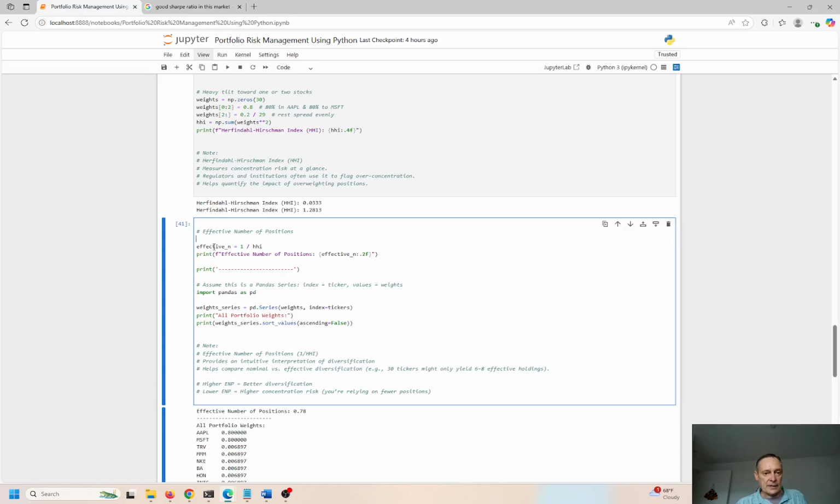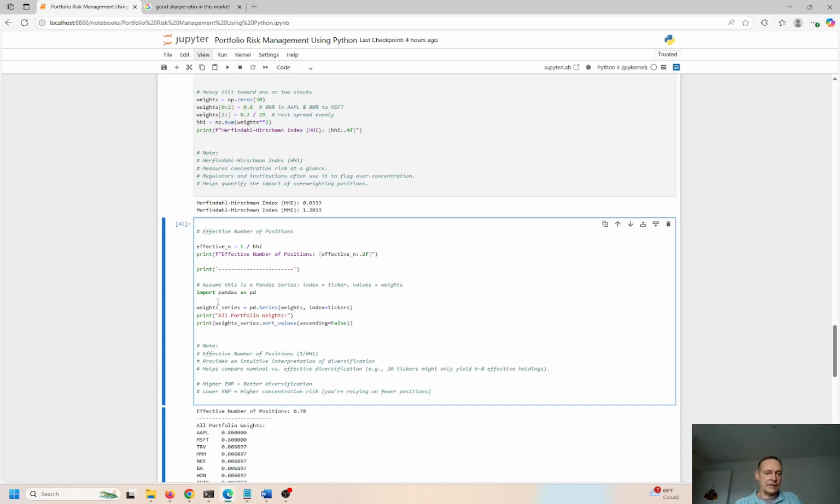So we can do an effective number of positions, which is 1 divided by HHI. So you just take the inverse of that. And basically, this effective positions 1 divided by HHI takes the inverse. 1 divided by, what is this? 1.28 is 0.78. Okay.